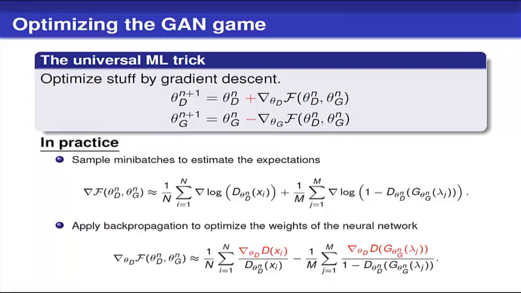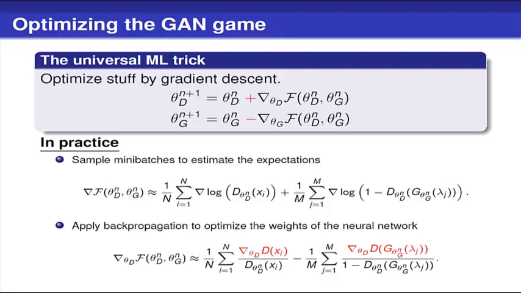Typically, you cannot compute the expectations, because the cost functional has an expectation over the real random variable and an expectation over the generated random variable. So you have to draw a sample and compute the expectation with the typical mean.